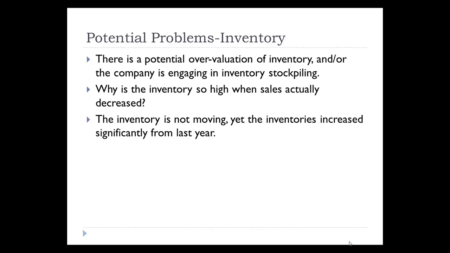You're not doing inventory as a part of your substantive audit procedures, but you would talk to people in the warehouse about movement of inventory. Is there potential for obsolescence? You might break it down by inventory product to see if there's a particular product where the inventory is not moving.